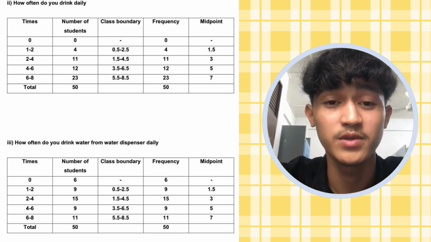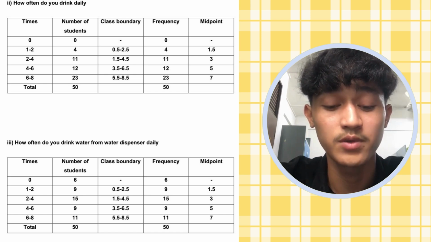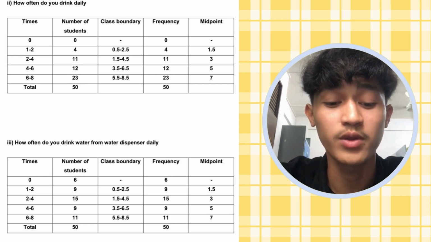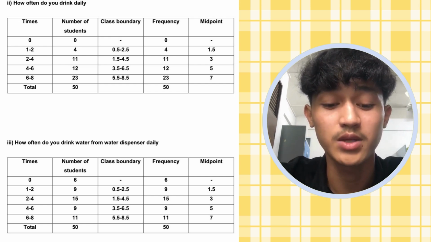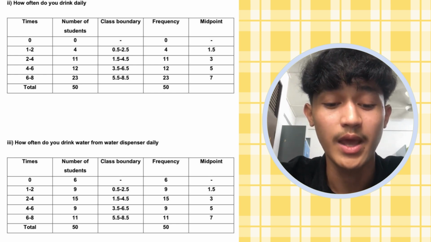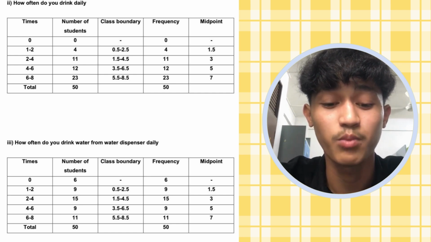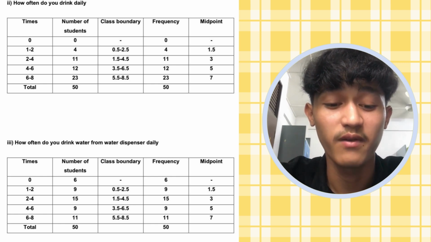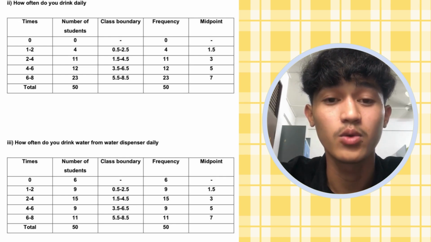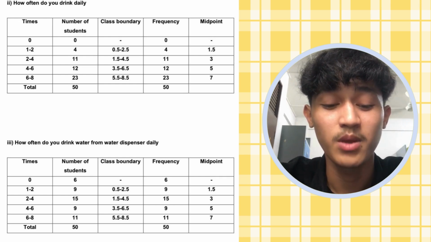For 0 times, number of students is 6, 1 to 2 times number of students is 9, and the class boundary 0.5 to 2.5, frequency is 9, and midpoint is 1.5. 2 to 4 times number of students is 15, class boundary is 1.5 to 4.5, and frequency 15, for the midpoint is 3. 4 to 6 times is number of students 20, class boundary 3.5 to 6.5, frequency is 20, and the midpoint is 5. 6 to 8 times numbers of students is 50, class boundary 5.5 to 8.5, frequency is 50, midpoint is 7. For total number of students is 50.